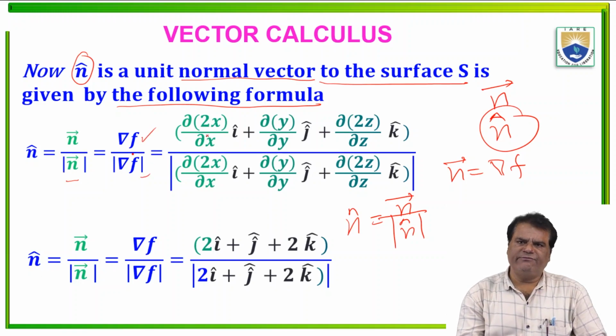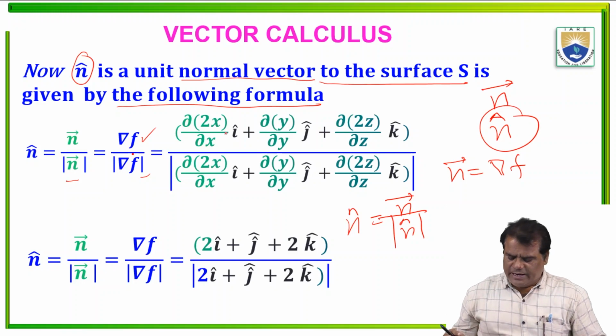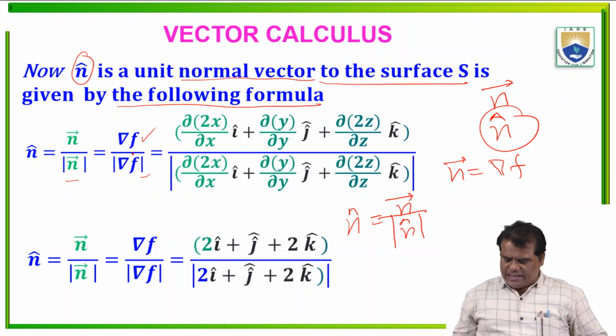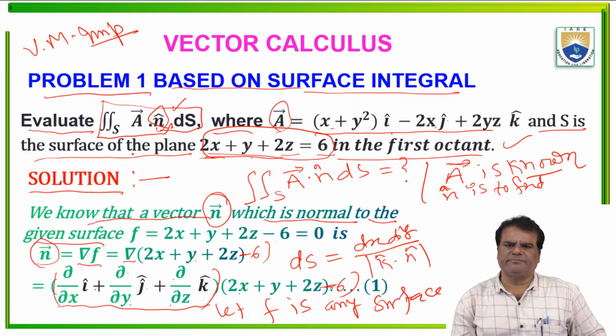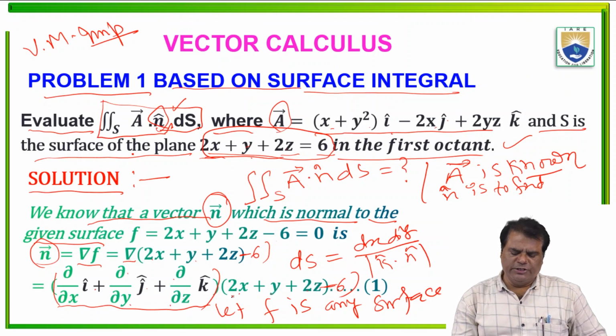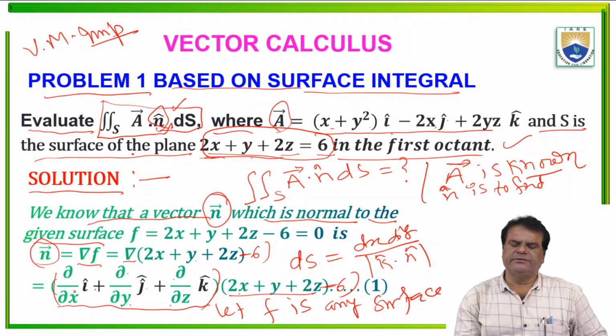So what is del F? We found del F on the last slide: ∂/∂x i, ∂/∂y j, ∂/∂z k, applied to the function 2x + y + 2z - 6.